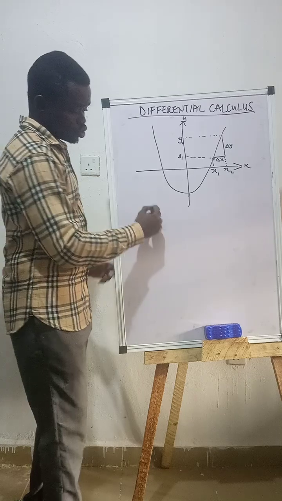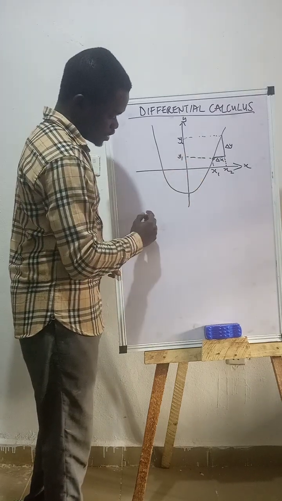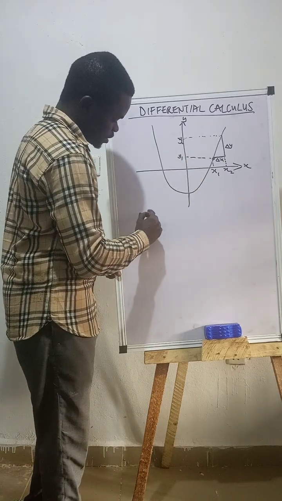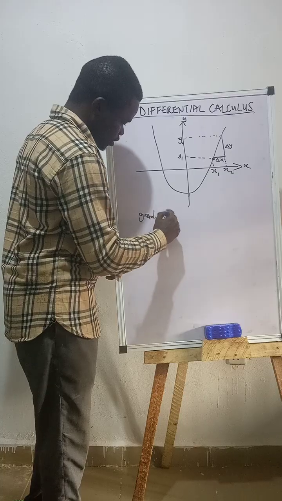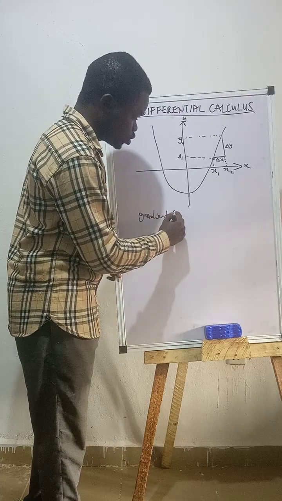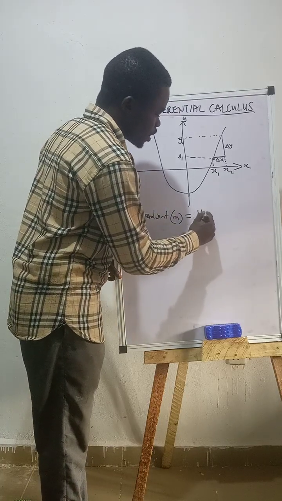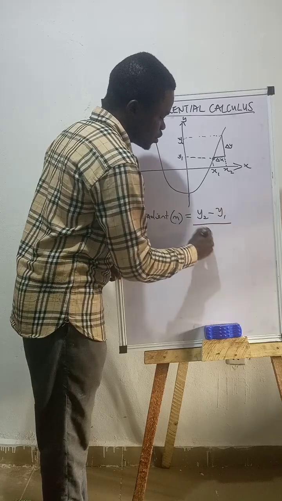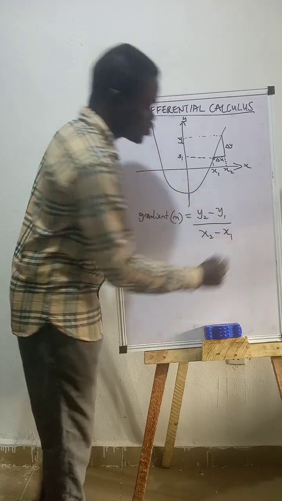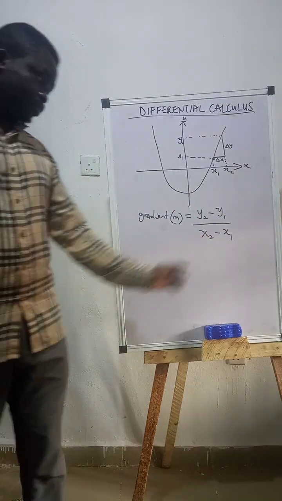Most times we are finding the gradient, which is represented as m. It is y2 minus y1 over x2 minus x1. That's the rule.